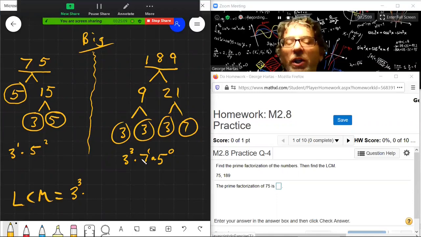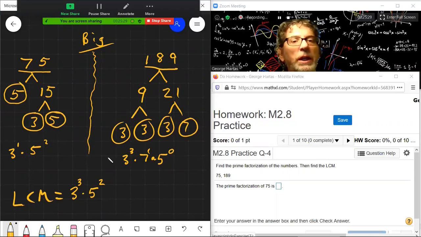So it doesn't change anything. But just to show you that when you compare, there really are more 5s here because there are 2 of them here and none here. So we bring 5 to the second power down. And then we're done on this side.